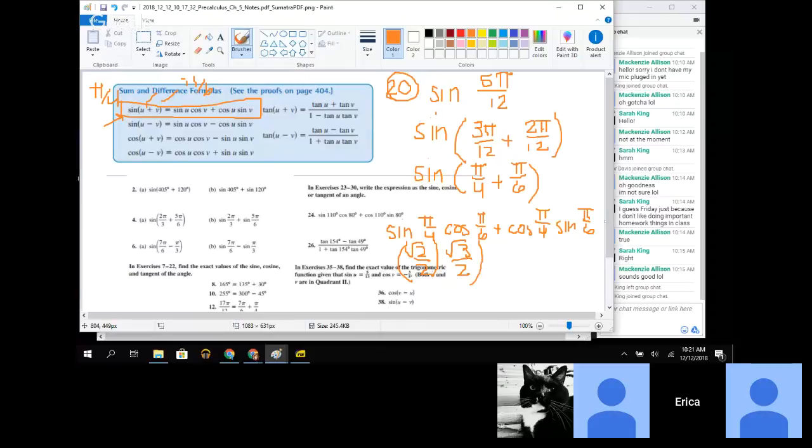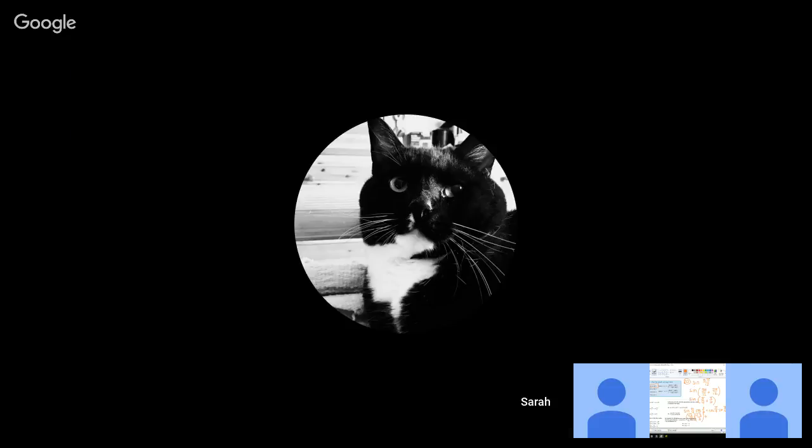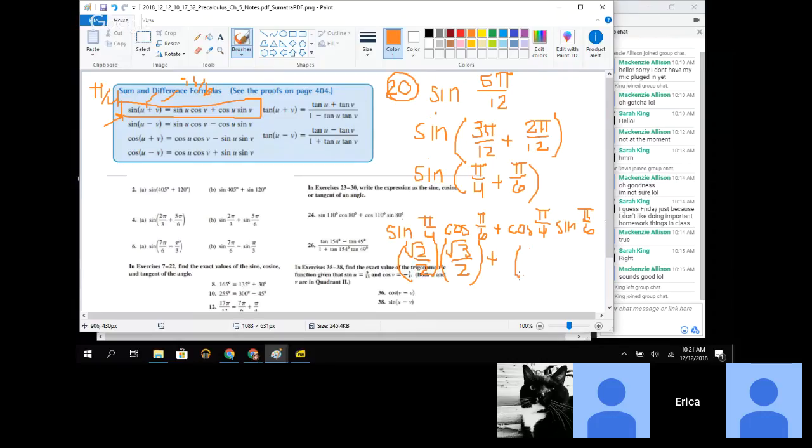The cosine of pi over 4 is the square root of 2 over 2, and the sine of pi over 6 is 1/2. When I simplify, I get the square root of 6 over 4 plus the square root of 2 over 4, or the square root of 6 plus the square root of 2, all over 4. That's my exact value for the sine of 5 pi over 12.